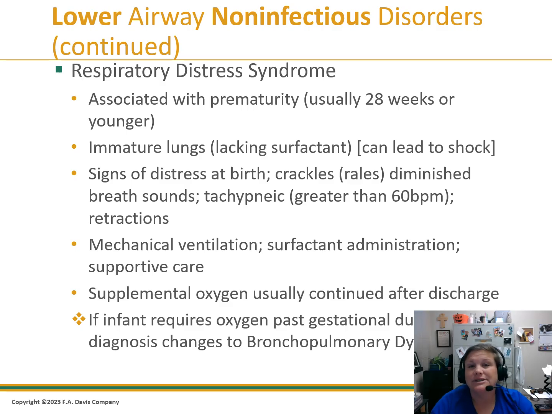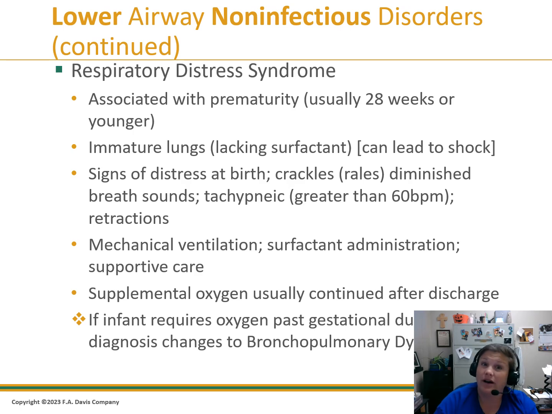If they are still needing supplemental oxygen at this point, whether in the NICU or being discharged home with it, then their diagnosis is going to transition from RDS, respiratory distress syndrome, to BPD, bronchopulmonary dysplasia.